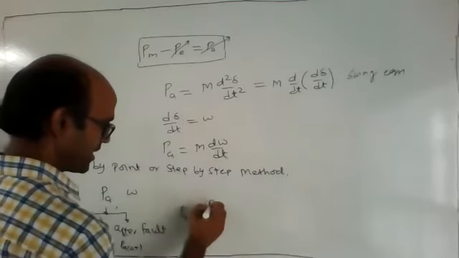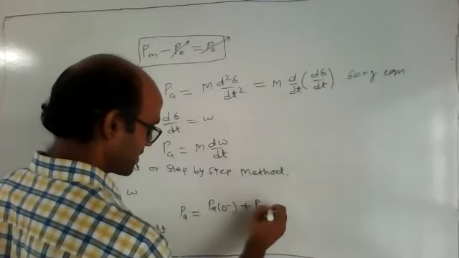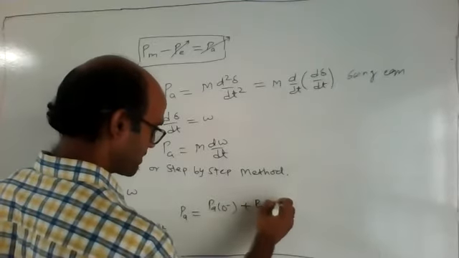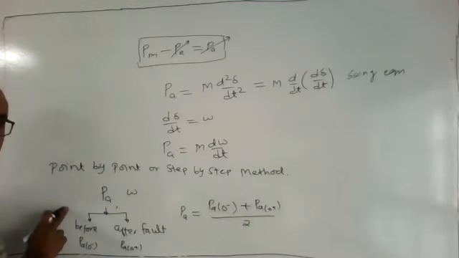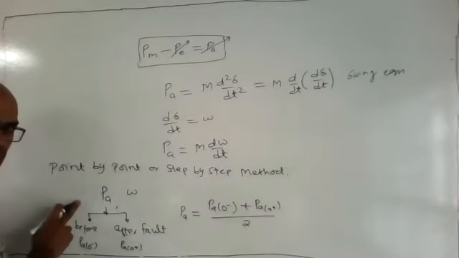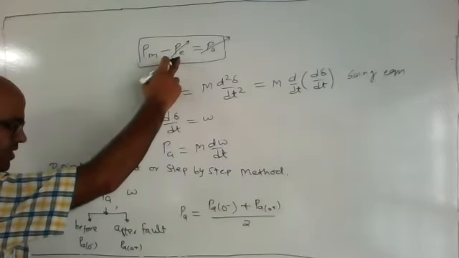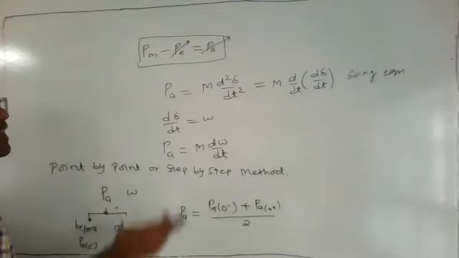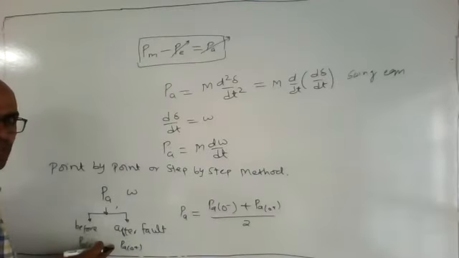PA is PA 0 minus plus PA 0 plus divided by 2, because the electrical power will change. Before fault the accelerating power is different due to the different electrical power, and after fault the electrical power is different. That's why PA is also different.